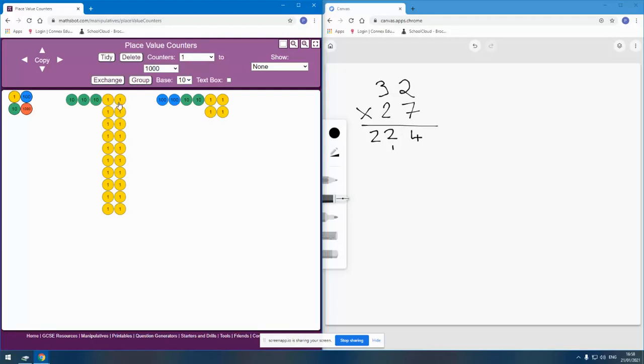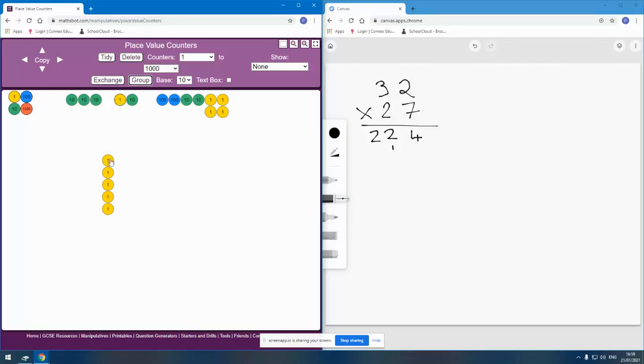And then, of course, because I've multiplied it by 10, each of these is now a column of 10, which I can group together. And then similarly, I'm going to keep that to one side for a minute.